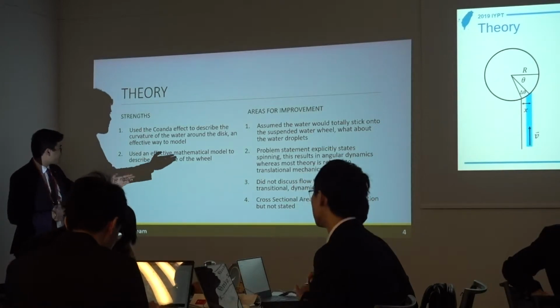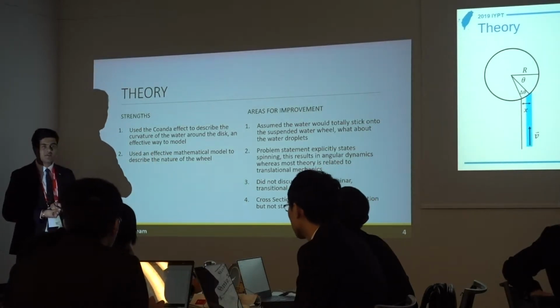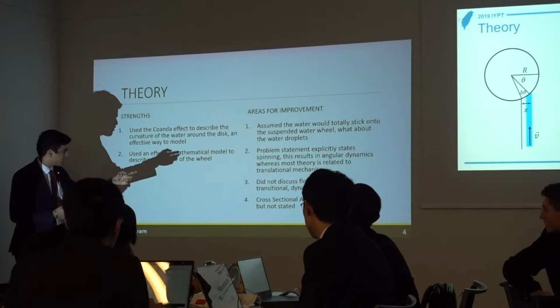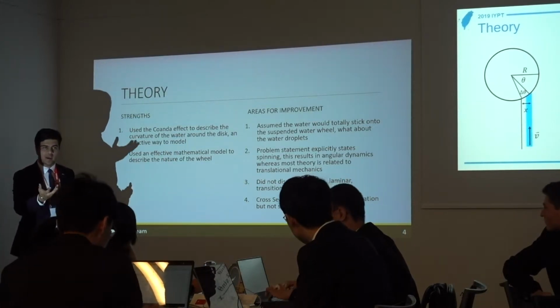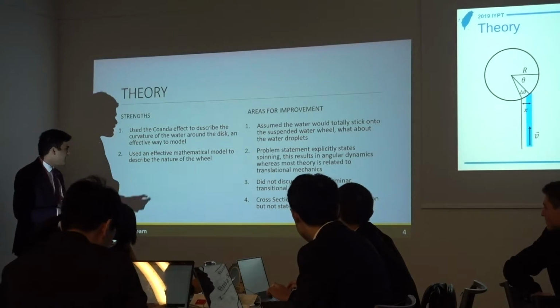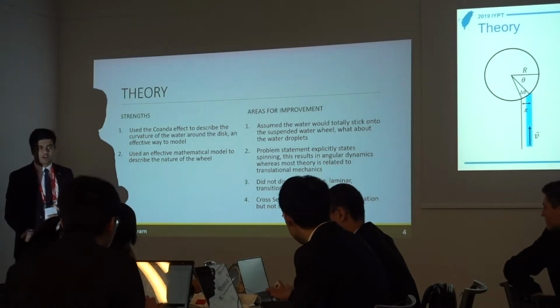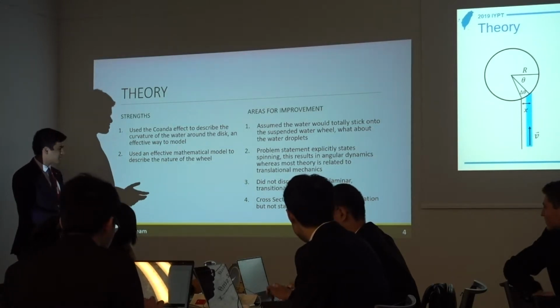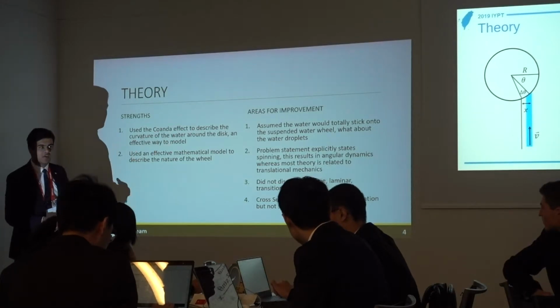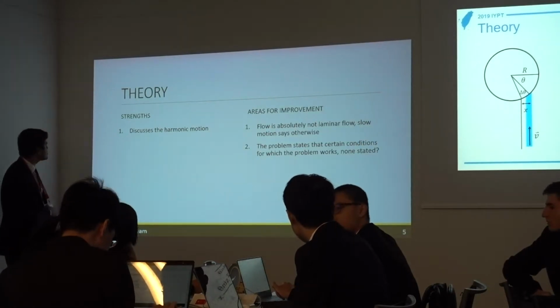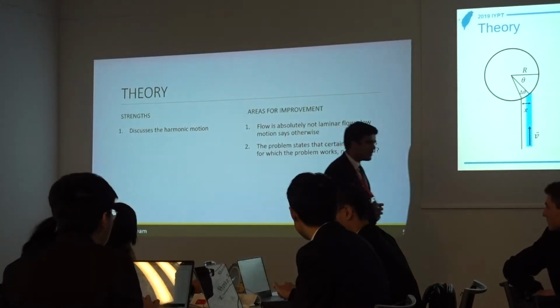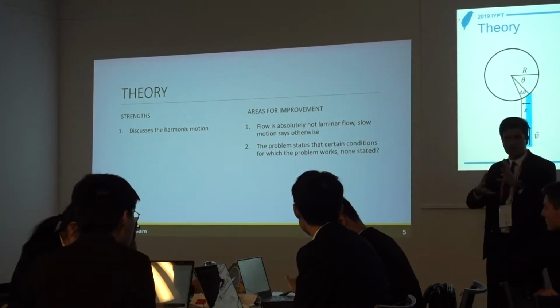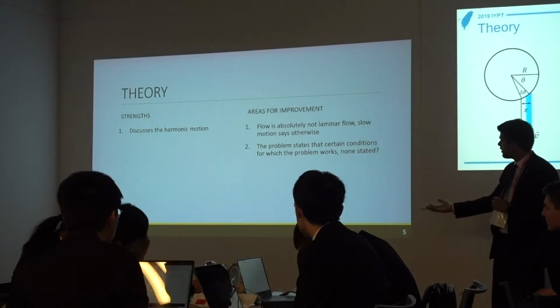And the theory did not discuss the flow type, whether laminar, transitional, or turbulent, and that actually plays a part in the force of the actual jet on the disk. The cross-sectional area was also an approximation, but in fact the cross-sectional area of the contact is not a circle. The theory also discussed harmonic motion and modeled the wheel as a harmonic oscillator.